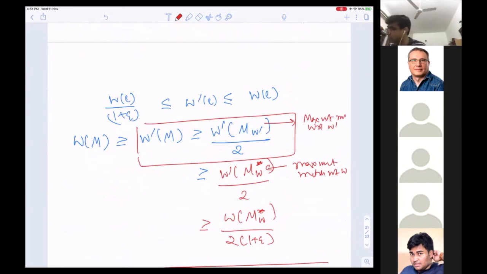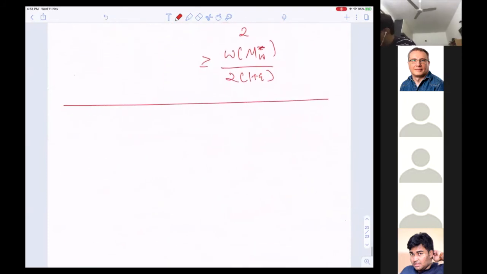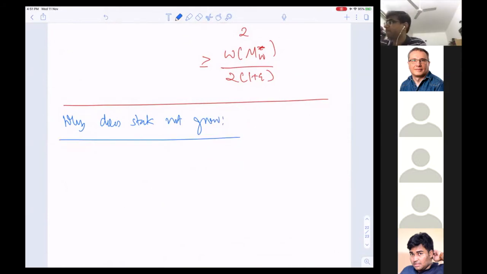Okay, now let's say, what do you want to say? Okay, so the only thing which we didn't discuss yet is, why does the stack not grow? Why do you think the stack does not grow?